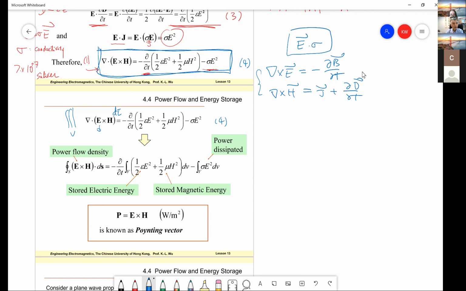using the divergence theorem, this becomes a surface integration.